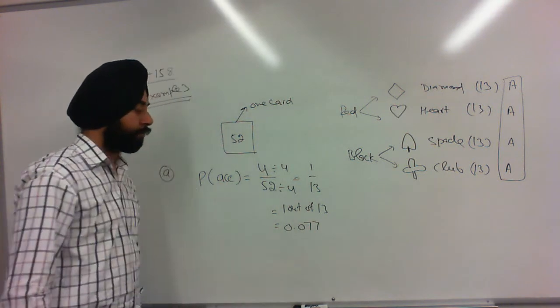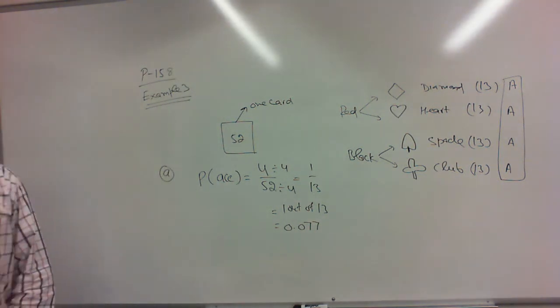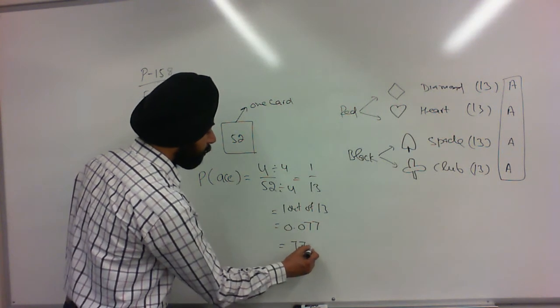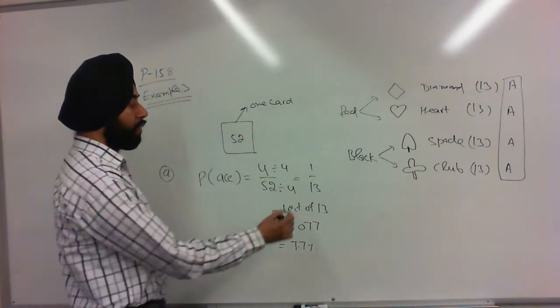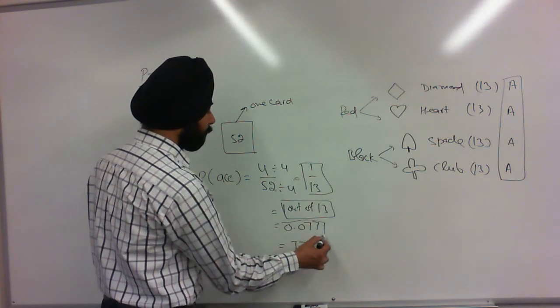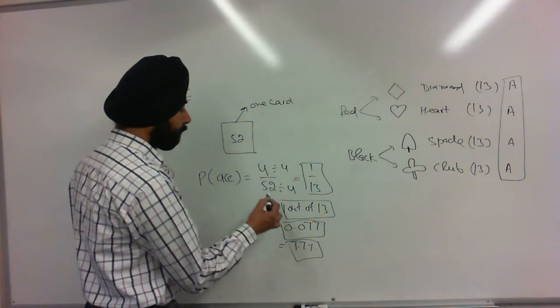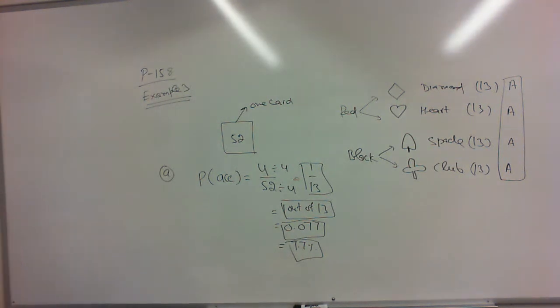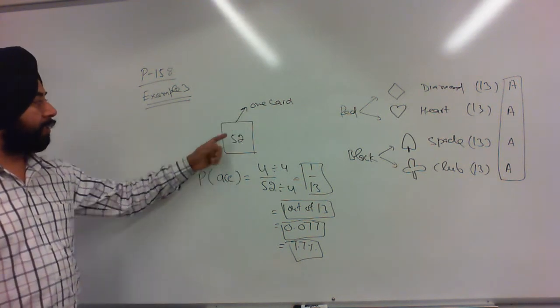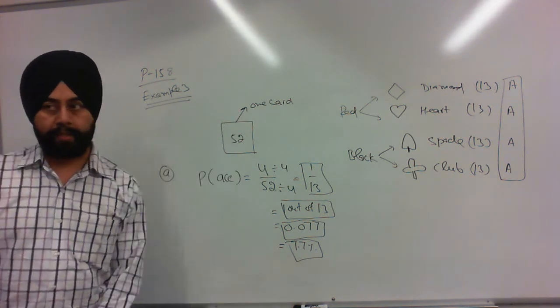And if you multiply this by 100, it will give you 7.7%. So these are your 4 answers. This was part A. You drew just one card and you found the probability that the card that you drew was an ace.